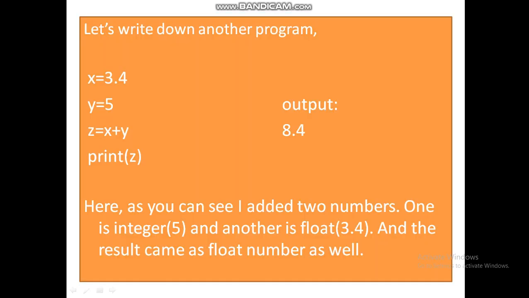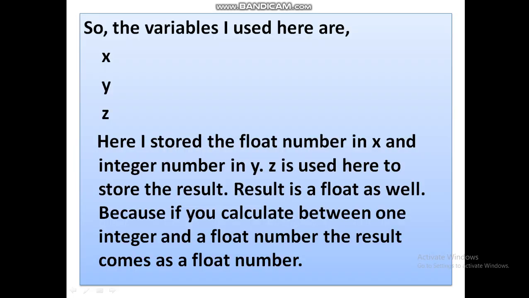Let's write down another program. Here, as you can see, I added two numbers. One is integer 5 and another is float 3.4, and the result came as a float number as well. So the variables I used here are x, y, and z.